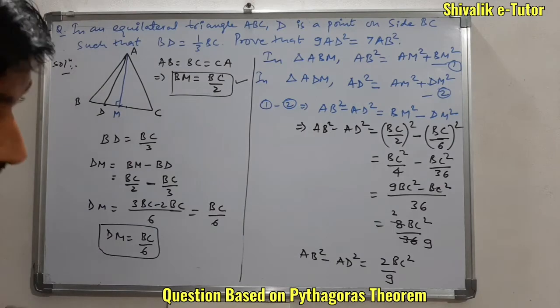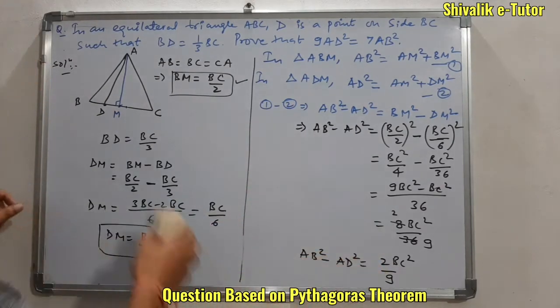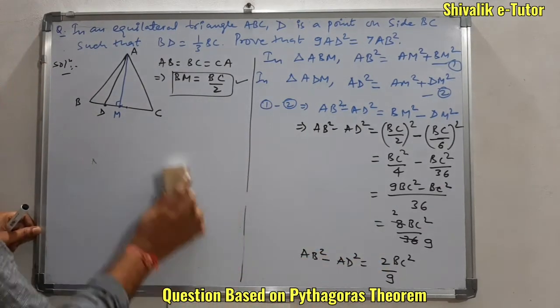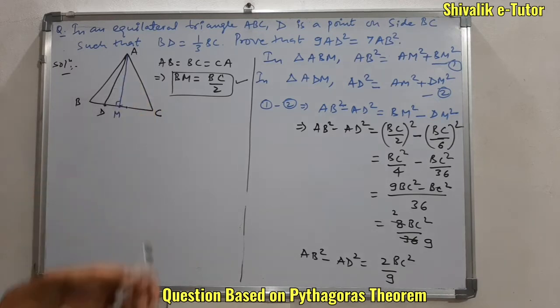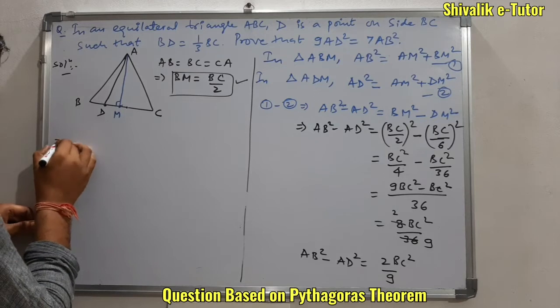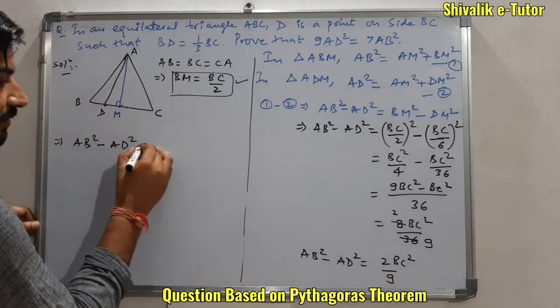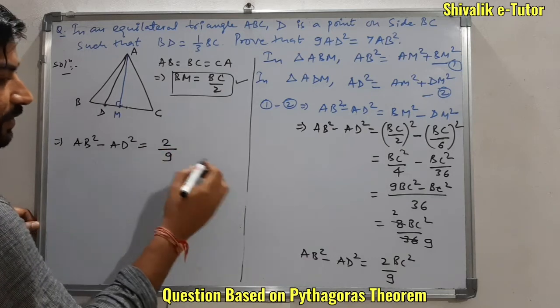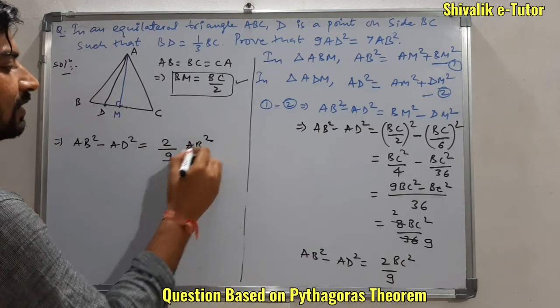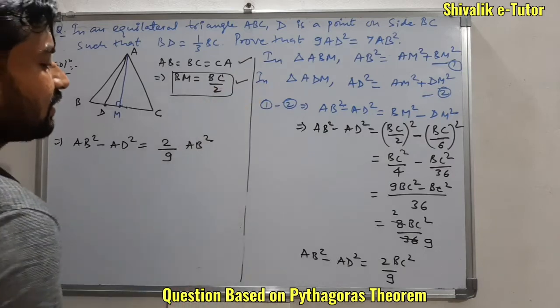Now, in the required result, we do not have BC side. So, that can be eliminated with AB, as this is an equilateral triangle. So, in place of BC, we can write AB. So, AB square minus AD square is equal to 2 upon 9. In place of BC, we can write AB square because this is an equilateral triangle.